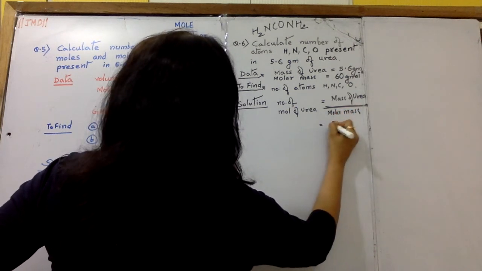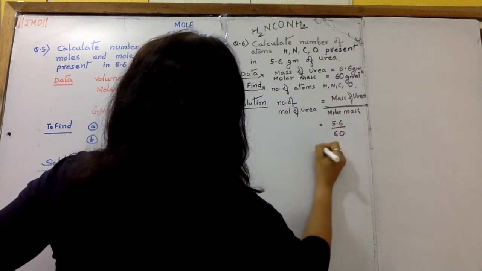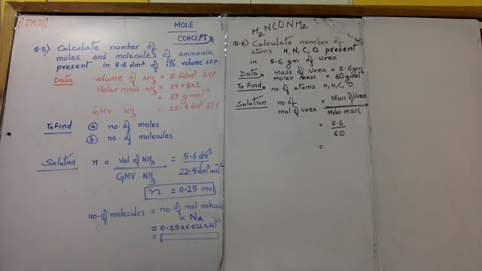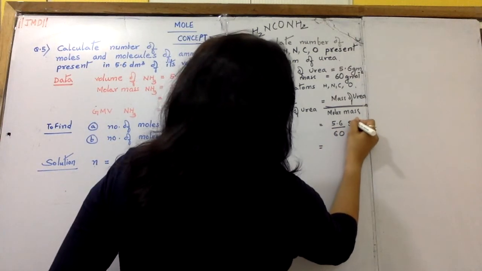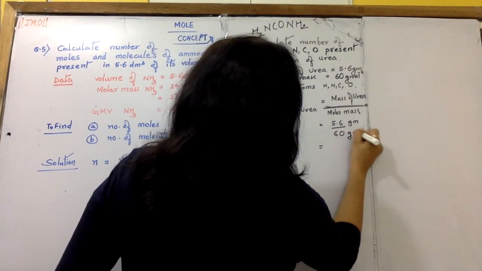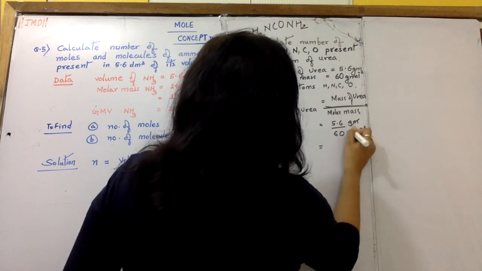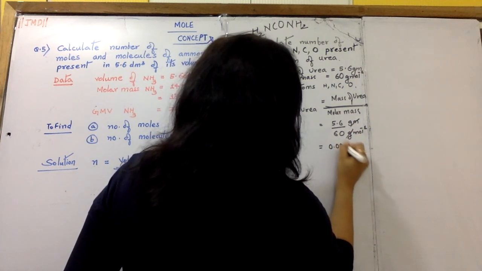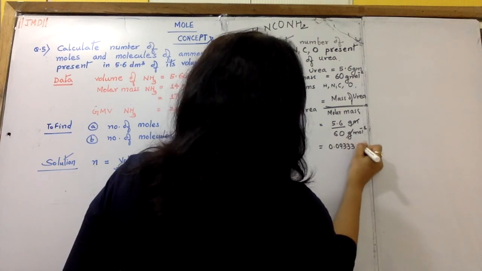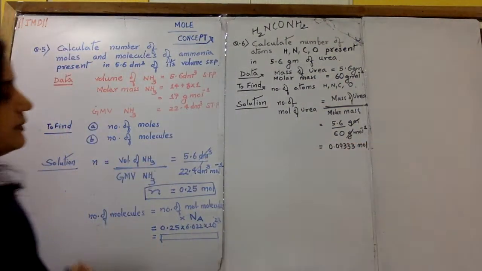So this is 5.6 upon 60. That will be how much? Let's put the units too. This is gram, this is gram per mole, gram cancels, 0.09333 mole. So we got the number of moles of urea.